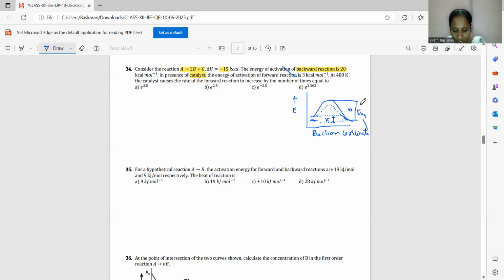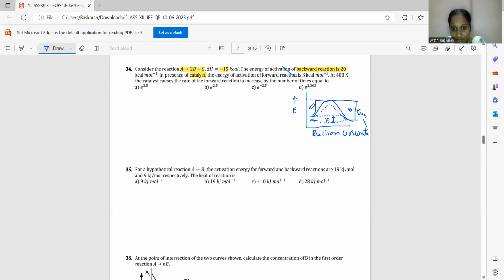Now what are they asking? In the presence of catalyst, the energy of activation of forward is 3 kilocalories. So which means before the catalyst, how much would it be? So forward, how much from this peak? From here it would be 5.